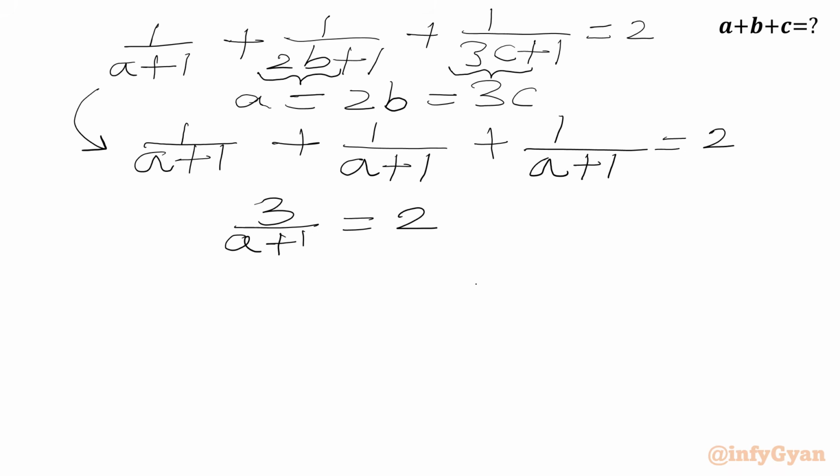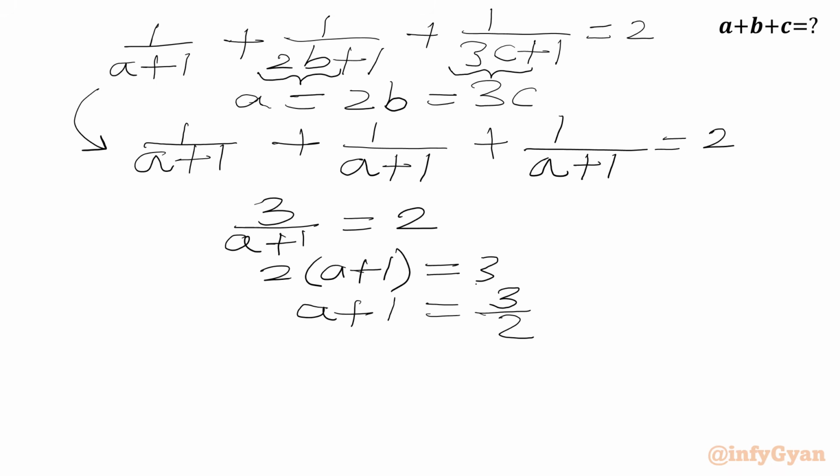Now we can cross multiply. We will write 2 times a plus 1 equal to 3 times 1, which is 3. So a plus 1 will be equal to 3 over 2 after dividing by 2 on both sides. Now we have to subtract 1 from the LHS as well as the RHS. Plus 1 minus 1 will cancel.